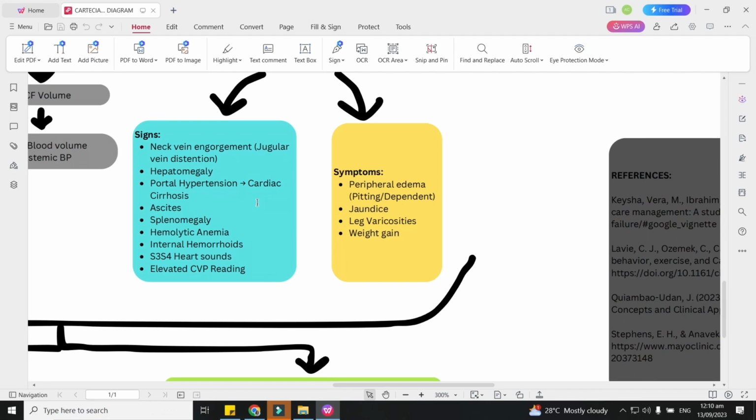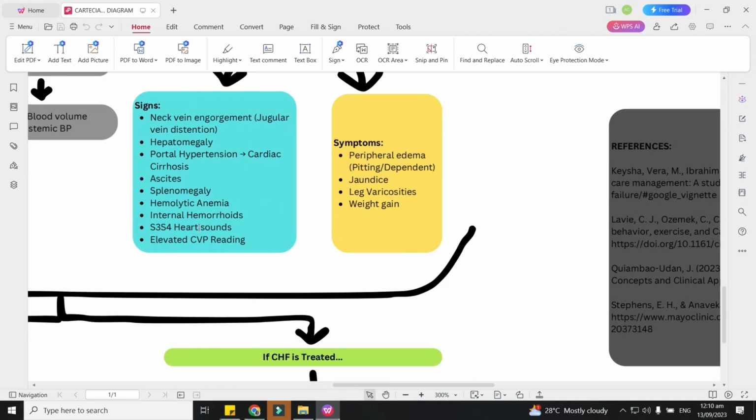Why does ascites happen? Because the blood is being distributed in the blood vessels of the patient, and then what happens is that the abdomen part of the patient will be filled with fluids, so that's why ascites happens. Then we also have splenomegaly, hemolytic anemia, internal hemorrhoids, of course.